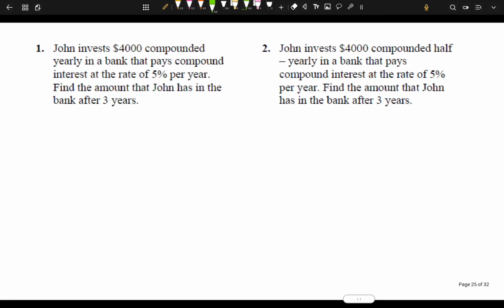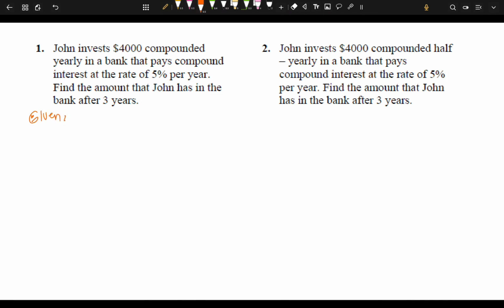Okay. Moving on sa ating second problem. John invests $4,000 compounded yearly in a bank that pays compound interest at a rate of 5% per year. Find the amount that John has in the bank after 3 years. So, pinapakuha sa atin yung ating future amount. So, given tayo, ano yung mga given natin?